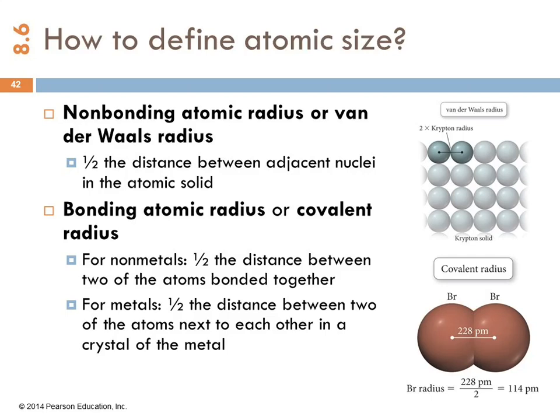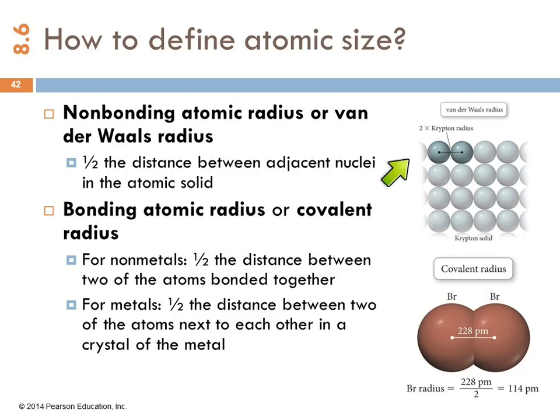There's different methods. So one is called the non-bonding atomic radius. It's also known as the van der Waals radius. And this is half the distance between adjacent nuclei in the atomic solid. So here we have solid krypton, which you have to cool down to a really, really cold temperature to get it to be solid, but it can be done.